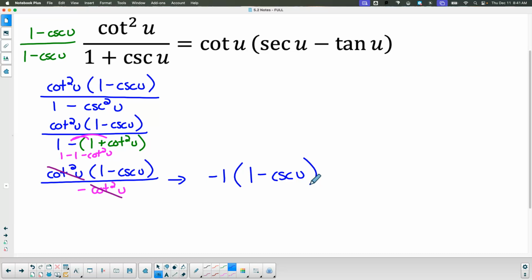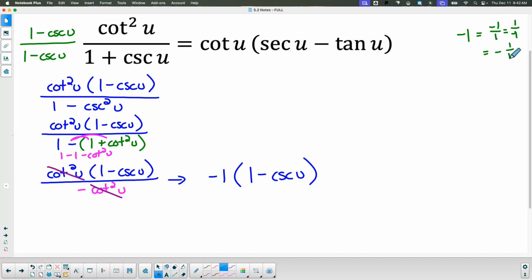Why is negative 1 not in the bottom? Fractional logic says my fraction is equal to negative 1, that could be negative 1 over 1, or 1 over negative 1. So I don't need it on the bottom. You kind of pick and choose where the negative sign would go.